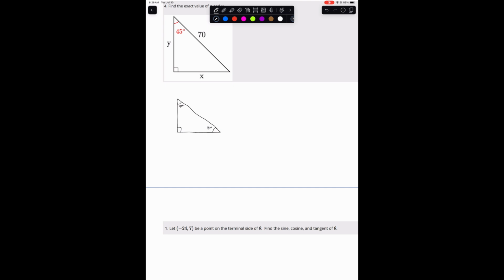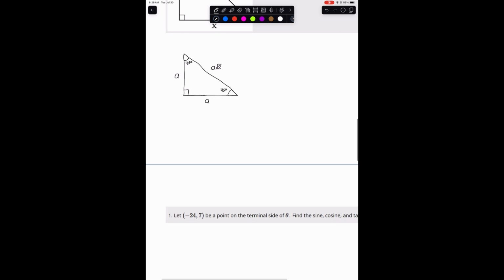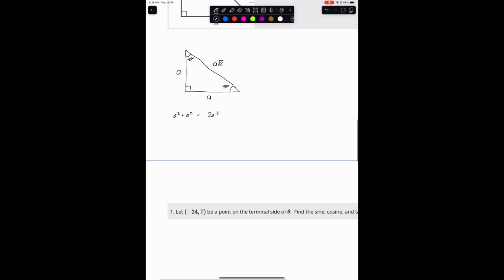And this triangle is special because let's say one side's A. If one side that's not a hypotenuse is A, that means the other side is A as well, and the hypotenuse is A root 2. A squared plus A squared is 2A squared, and the square root of 2A squared is just A root 2.